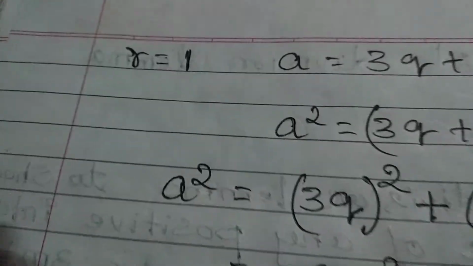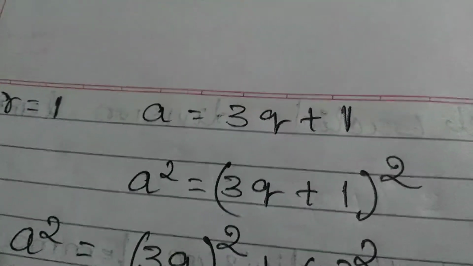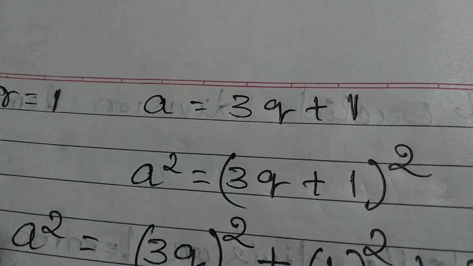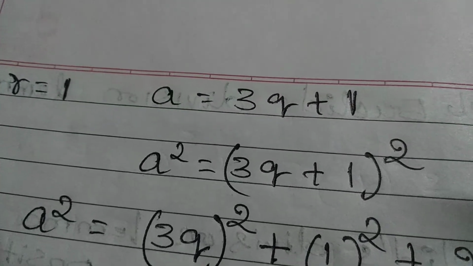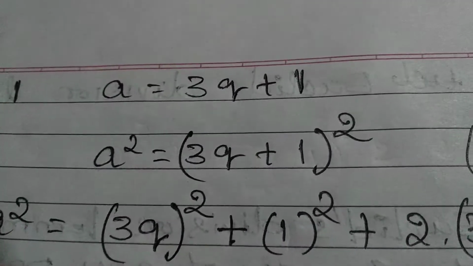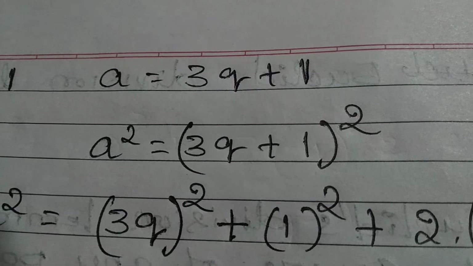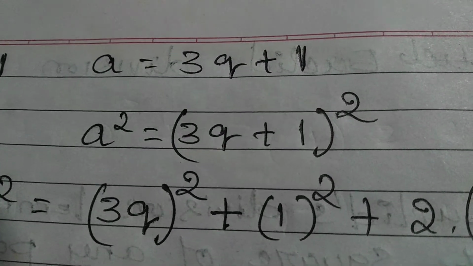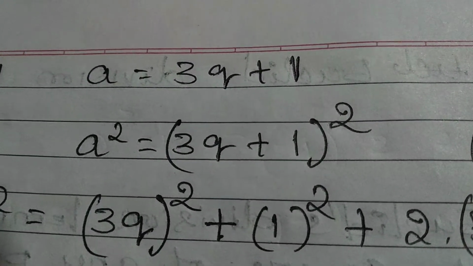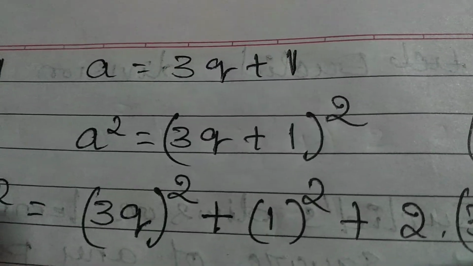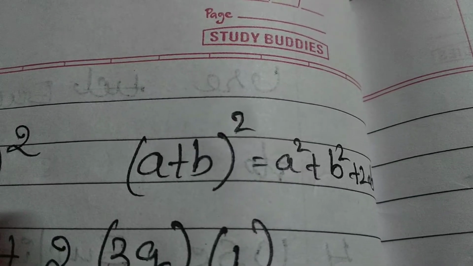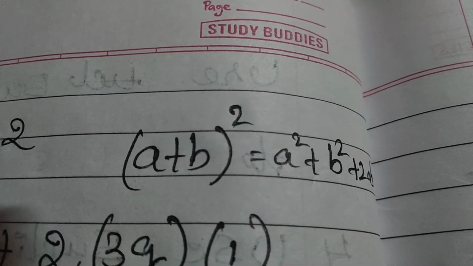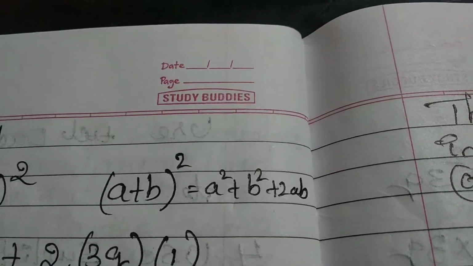We will take the next case. In the next case, r is equal to 1. So a is equal to 3q plus 1, instead of r we are taking 1. Squaring on both sides, a square is equal to 3q plus 1 whole square. Now tell me, which formula is it in the form of? The a plus b whole square formula: a plus b whole square is equal to a square plus b square plus 2ab.